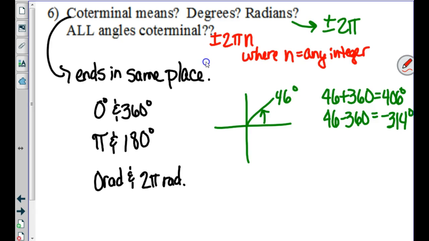The book will just put plus, and they might use k, 2 pi k, I don't remember. But to find all the angles that land in the same spot, we'll say as 4 pi over 3 or something. This is an example, okay? To find all the angles coterminal with 4 pi over 3, you would say I could add or subtract 2 pi an infinite number of times. We're not going to use all angles yet very often, okay? What would it be if it was in degrees? Instead of plus or minus 2 pi n, it would be plus or minus 360 n.